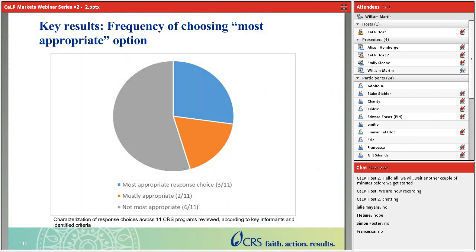If we look at the frequency of choosing the most appropriate response options, we see here that 6 out of 11 programs haven't chosen the most appropriate response.